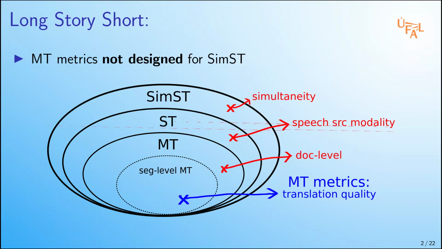And then speech translation, the next bigger bubble, has the same challenges as machine translation, plus the challenges of the speech source modality. And simultaneous speech translation has even more challenges, and it's the simultaneity. It means the latency, and also that the user who looks at simultaneous speech translation outputs sees them for a limited time, so they read them only once and then focus on something else.